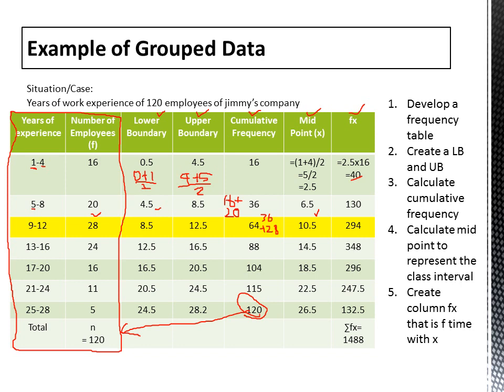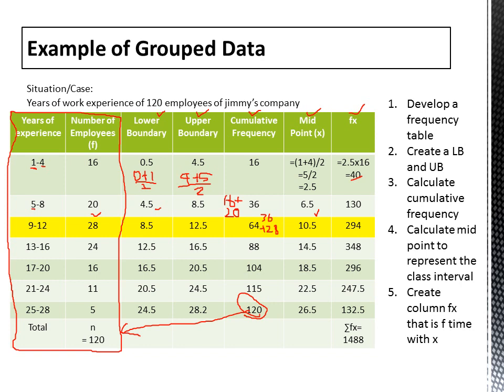The border of 1 will be 0. So how to calculate? 1 plus 0 divided by 2, so we get 0.5. For the second row, 5, the border is 4, and then 5 plus 4 divided by 2. You can proceed until the end of the rows.